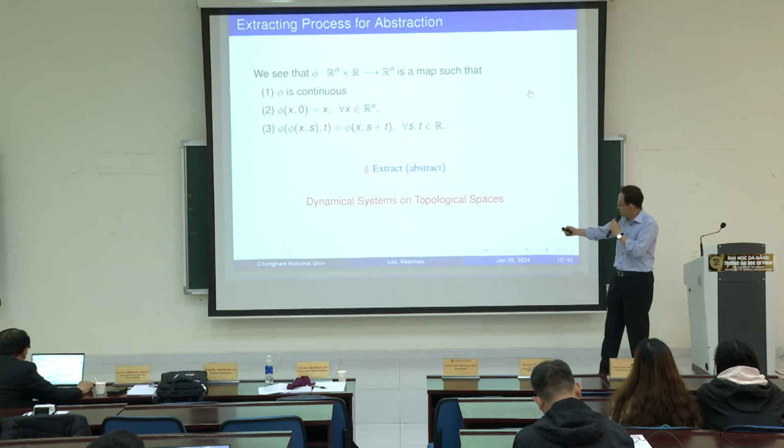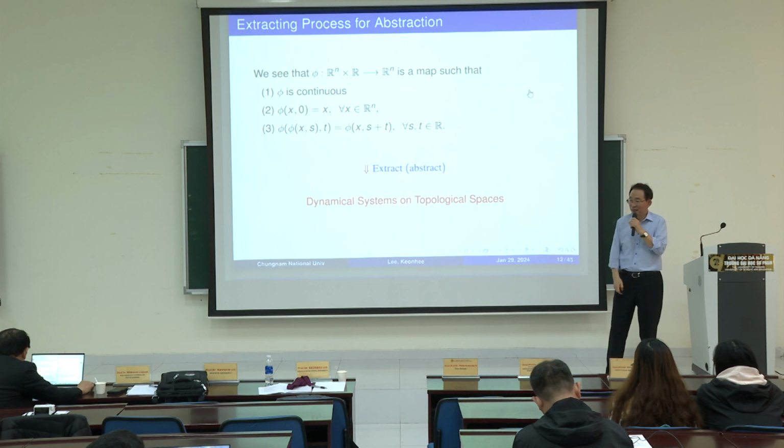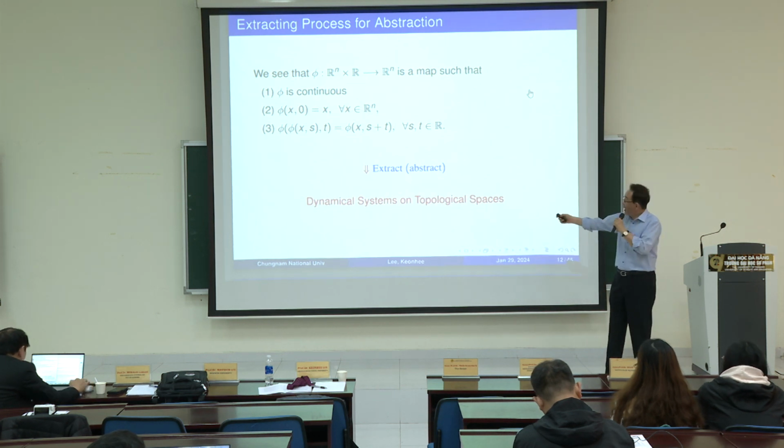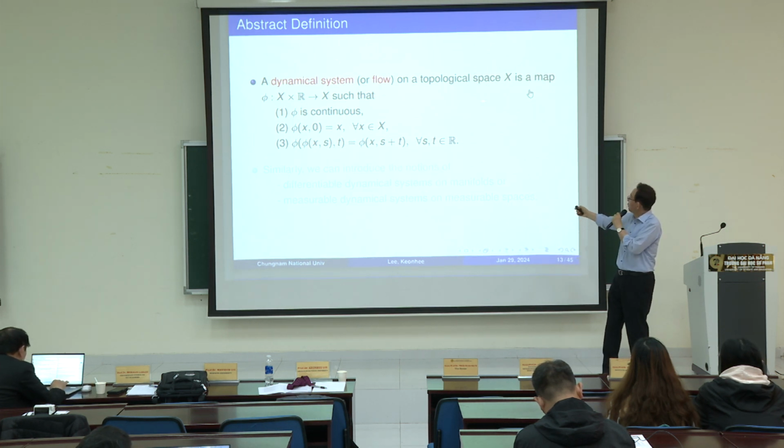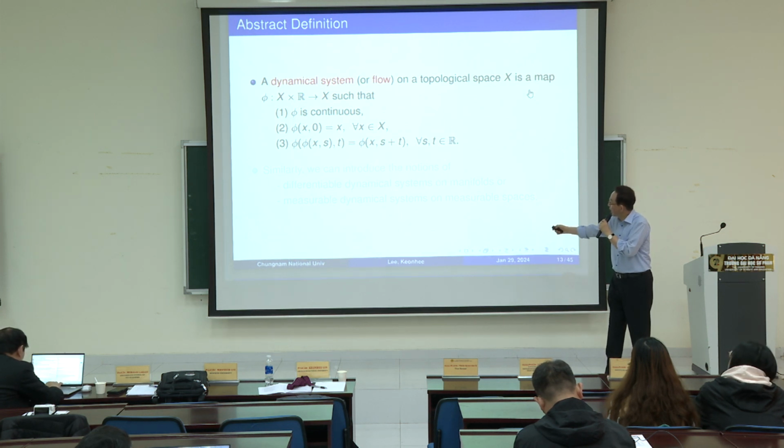We can define it this way: a dynamical system or flow on a topological space is a map, this one, with X instead of Rn, with the same three properties.